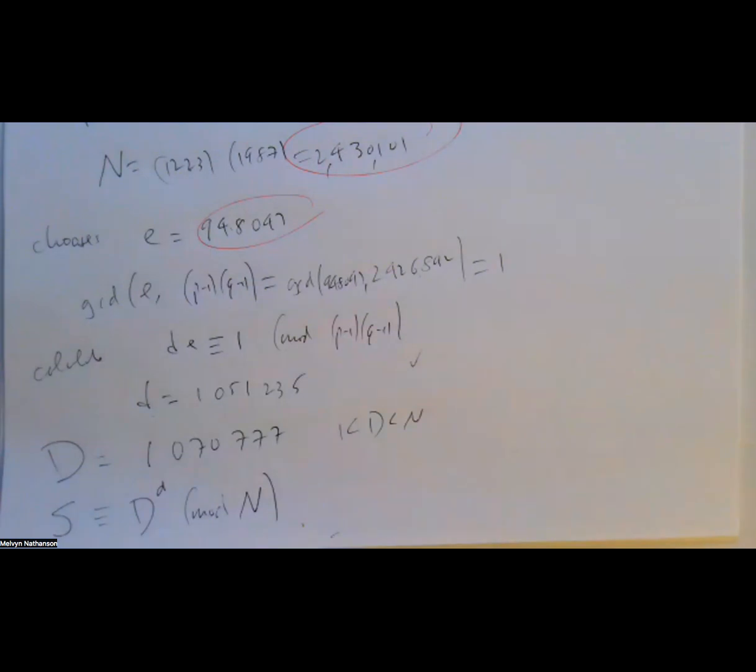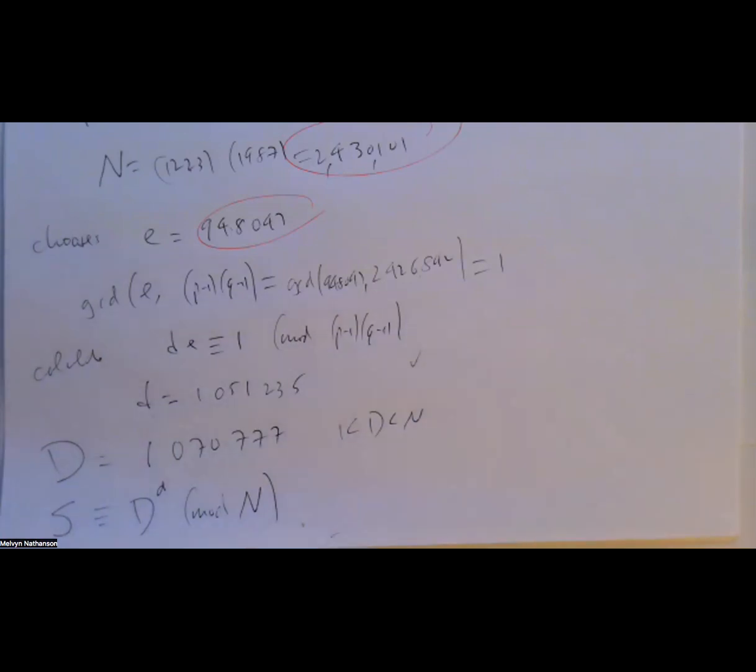Instead of using the letter D, which in Maple stands for a derivative, so I can't use it, I'll call the message capital M. So the message I want to sign is 1,070,777. Here is D, here is M, here is N. I have all those numbers.